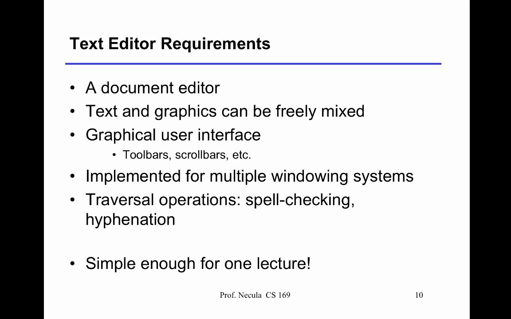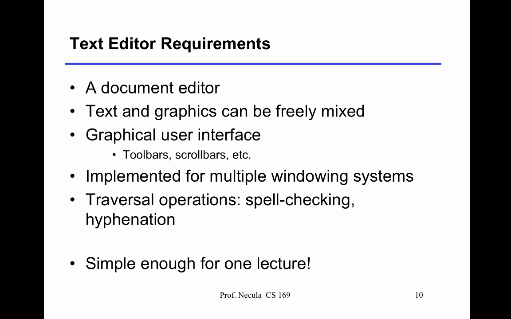So you have to be editing text, and text is going to be made out of characters and words and lines and pages and columns and such, but we also want to be able to put graphics there, pictures. We will look at having some graphical elements of graphical user interface like toolbars and scroll bars.